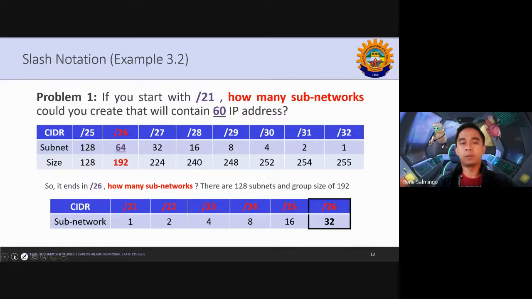So what you're going to do first is to identify the value. The maximum value that IP version 4 could have is /32. There's no /33, so this is the last value that we could have. To maximize the subnet, you need 60 IP addresses, so what you need is this value.